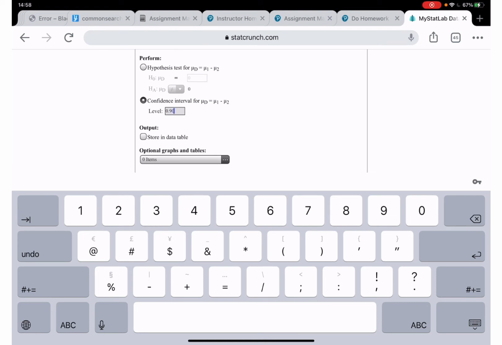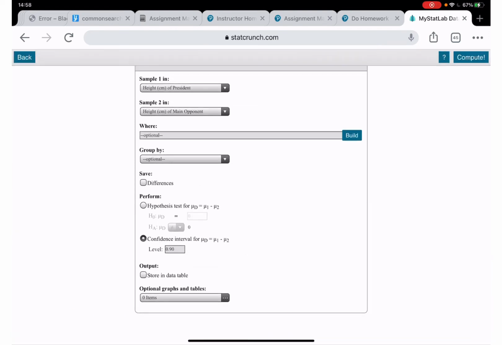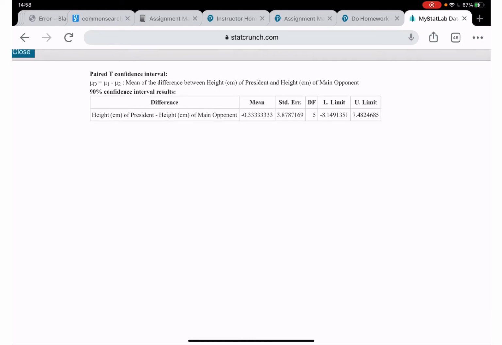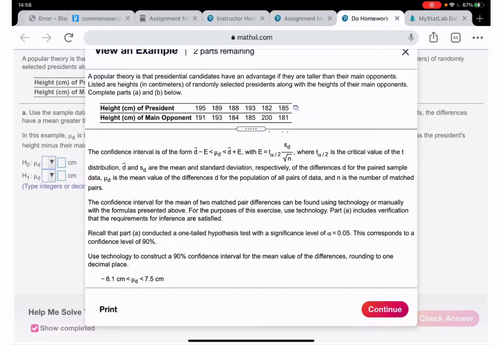Okay, and moving to compute. And what am I getting? I'm getting the result that matches the given information in the example.